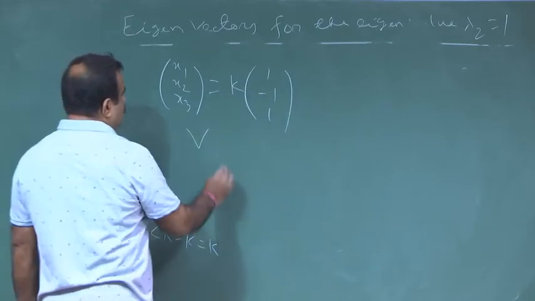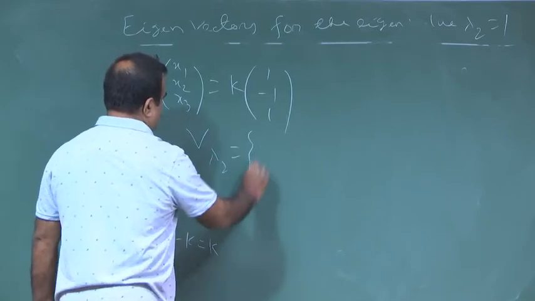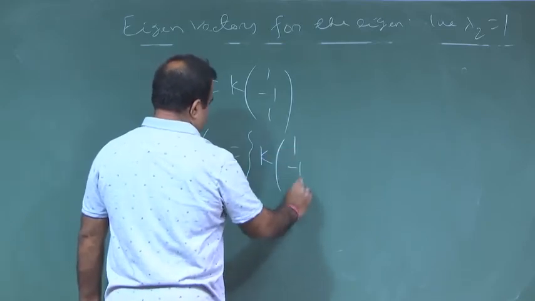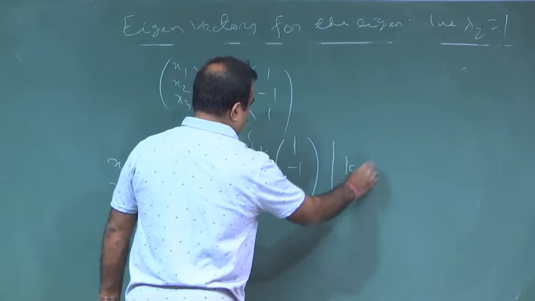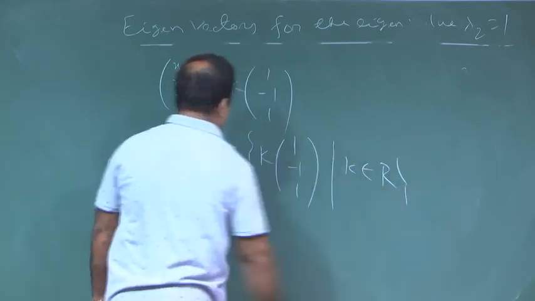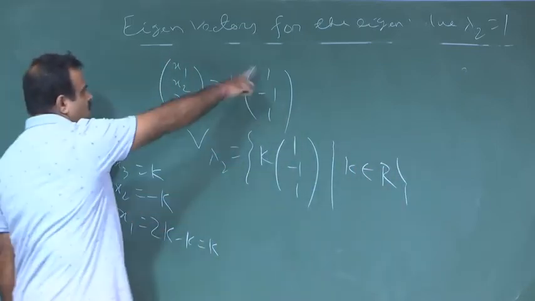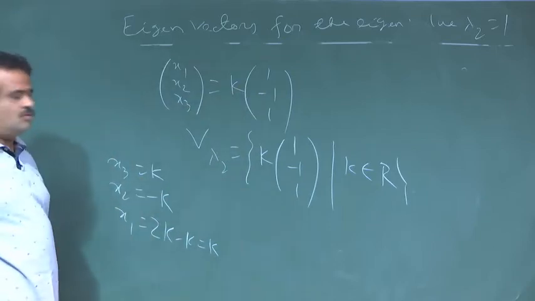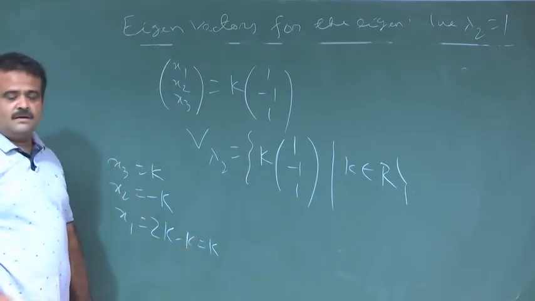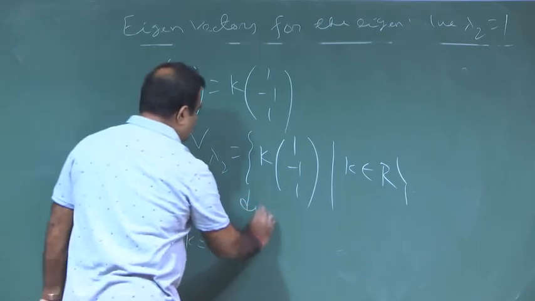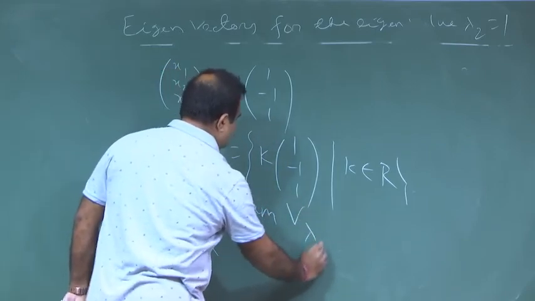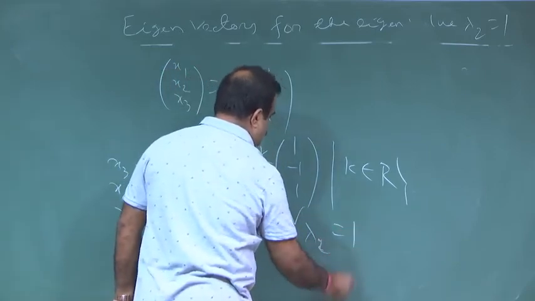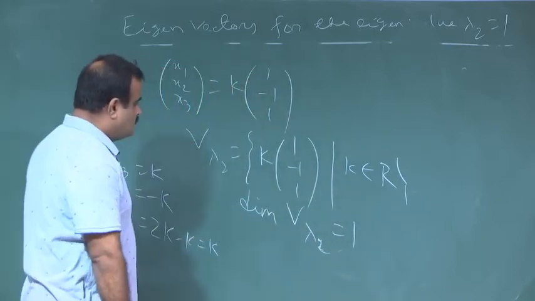So, V of lambda 2 is nothing but this vector, which is generating the field. So, the dimension of lambda 2 is equal to 1, which is the geometric multiplicity.